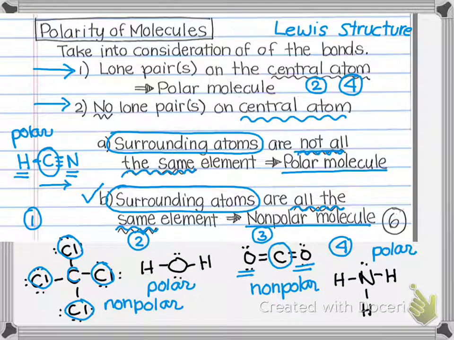And if those elements are all the same element, any pull that they might have, the attractive forces cancel, and it's a nonpolar molecule. If there are different elements around the central atom, those attractive forces don't cancel, and it creates an unequal distribution of the charge, and you have a polar molecule.